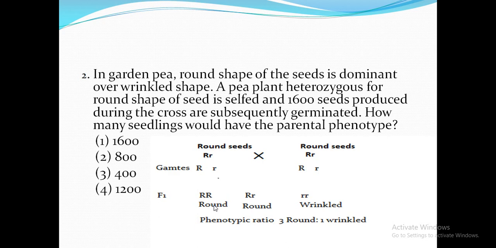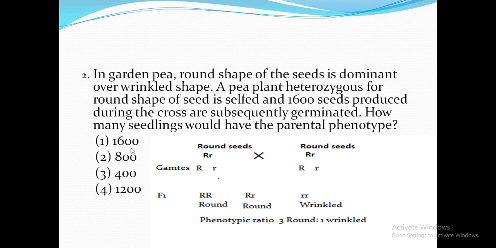It means 3/4 of the plants show round seeds, which is the parental phenotype, and the remaining 1/4 are wrinkled, which do not show the parental phenotype. Parental phenotype means they should show round seeds. So 3 out of 4 show round seeds.